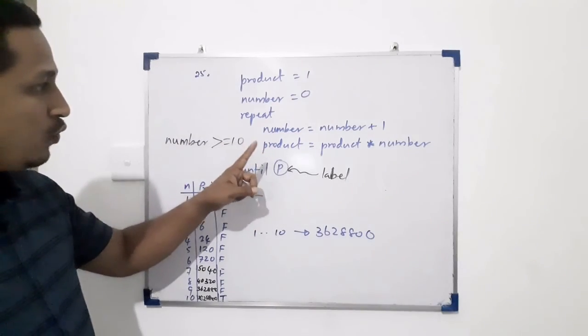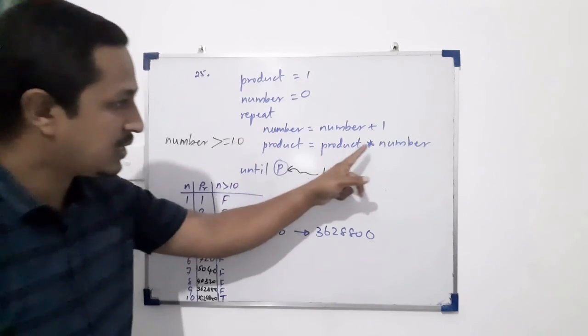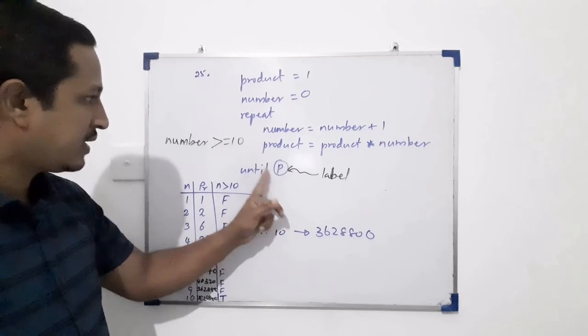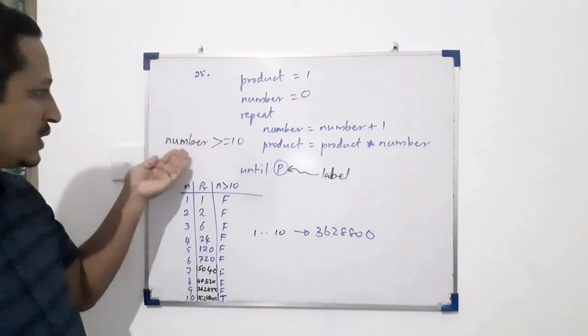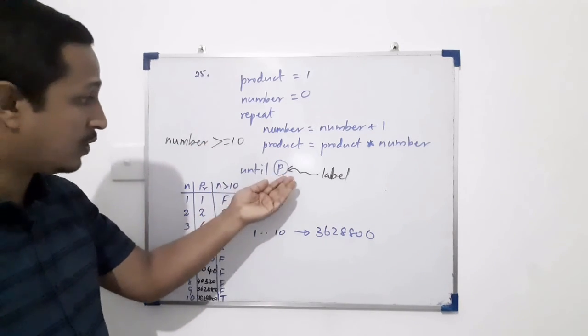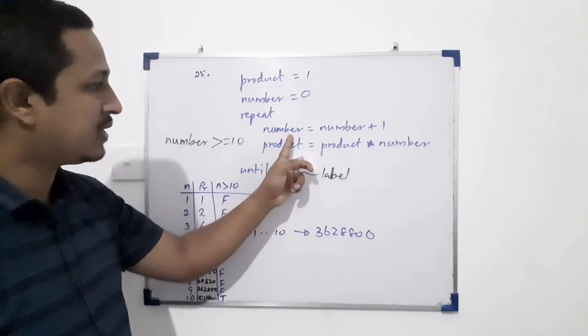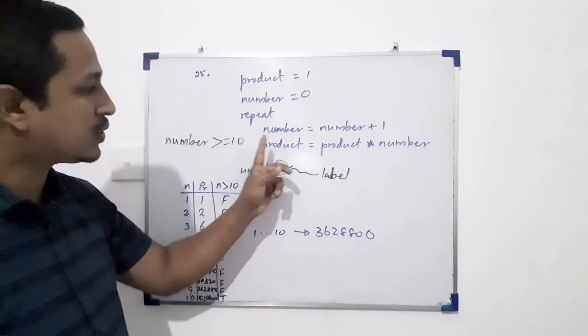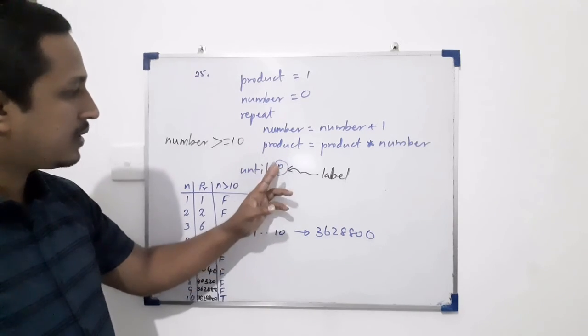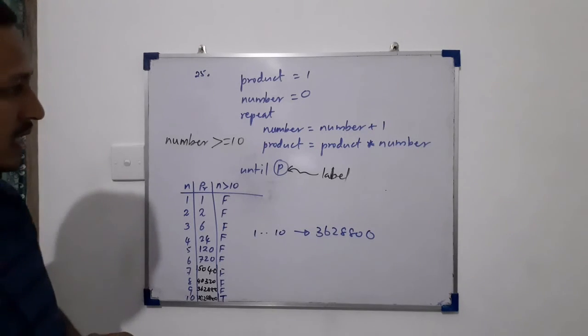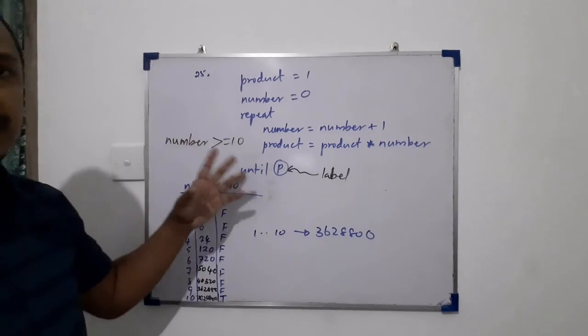Otherwise, when number is 10, it will give a product, and if we put number greater than 10, that is false, then it is repeating again. 10 plus 1 is 11, then that product is also counted. Then only it finishes this algorithm.